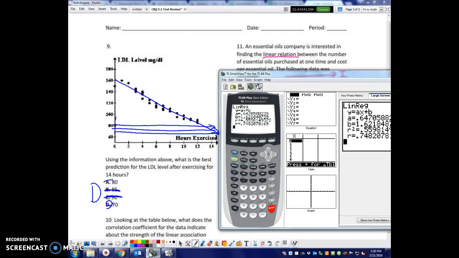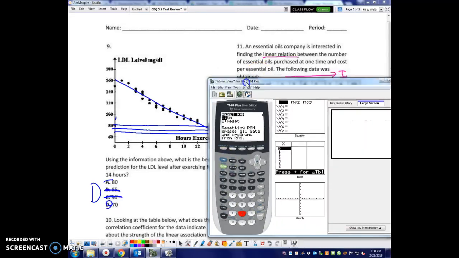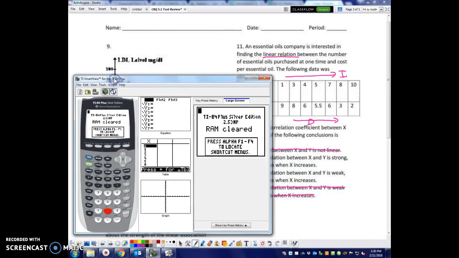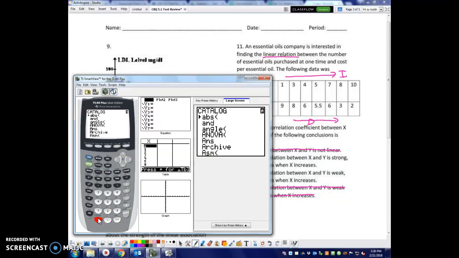So let's clear what we have in our calculator again. Second plus 7, 1, 2. Now, we know the very first thing we need to do is go to catalog, second 0. Find the D and turn diagnostic on. Okay, now we can do everything.